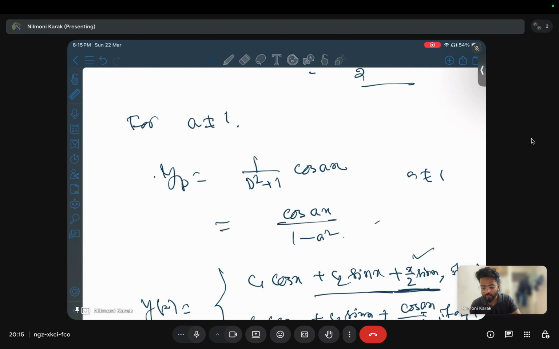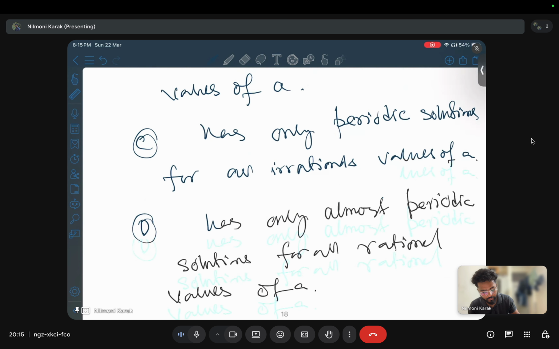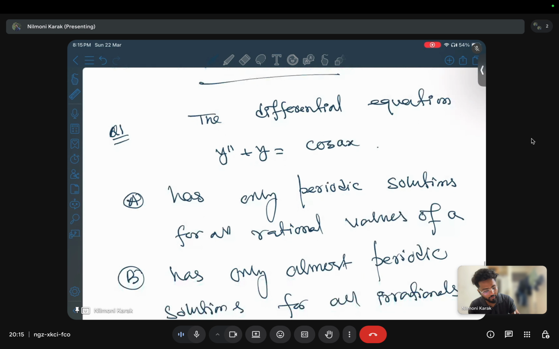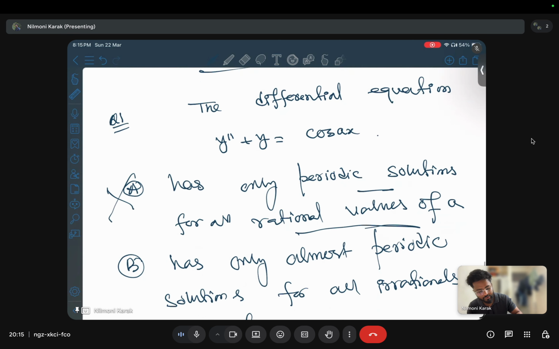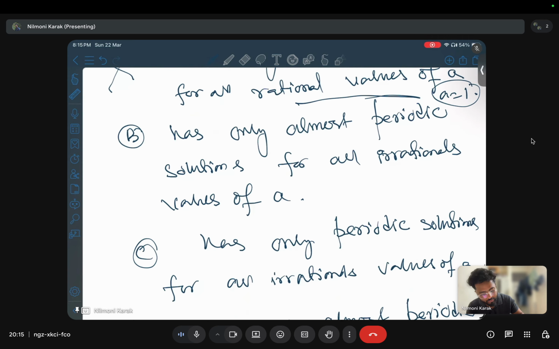So the option 'has only periodic solutions for all rational values of a' is wrong; you just take a equals 1. And 'has only almost periodic solutions for all irrational values of a' is the correct one.